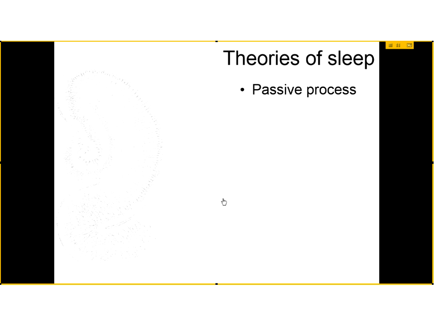This is flawed, or there are several limitations or evidence against this perspective. First of all, when you actively put people through sensory deprivation, they sleep significantly less. So if you restrict their access to environmental cues, auditory, visual, tactile, these people will sleep less.